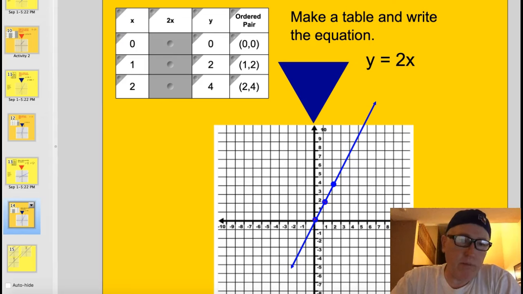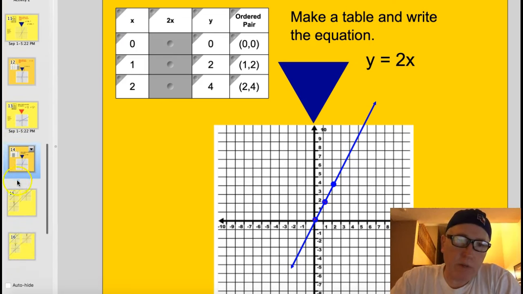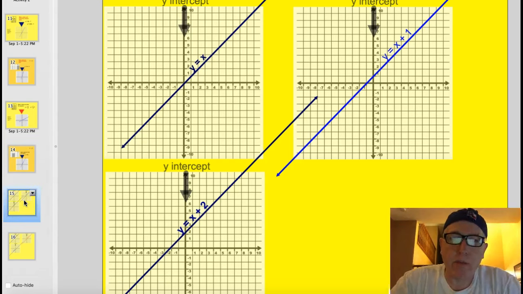Pretty straightforward. All right. Now the next portion of it is about the y-intercept. And some people think that this is too hard for 6th graders. I don't. I actually think it makes a lot of sense. The y-intercept is where the line crosses the y-axis. So this is the y-axis.